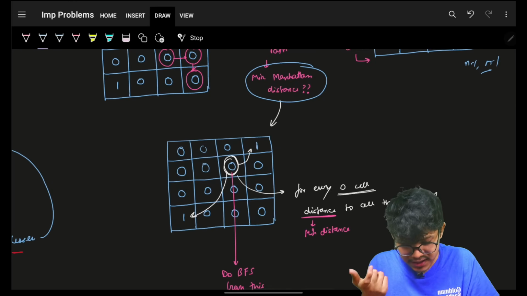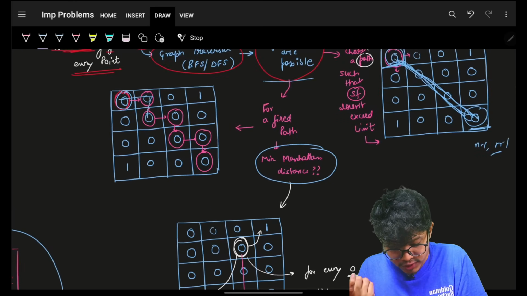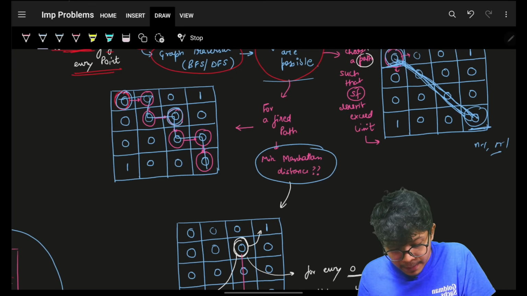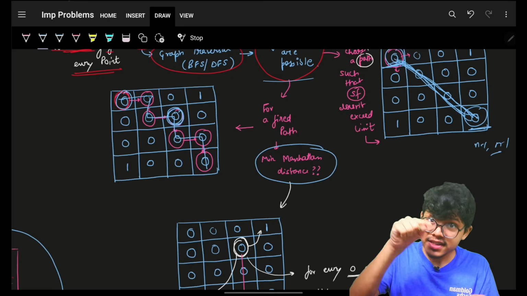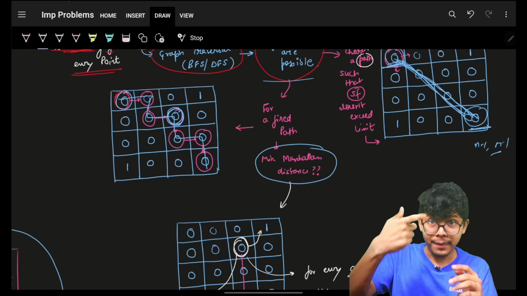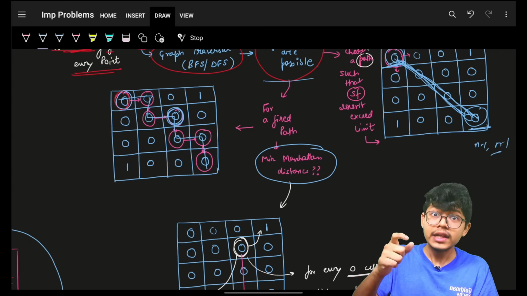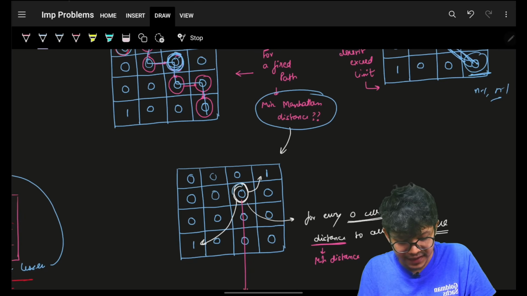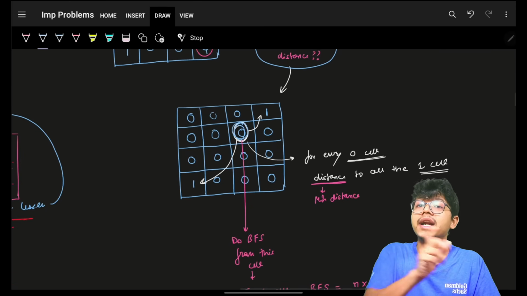For a specific path, let's say this was the path, I should know the minimum Manhattan distance for a cell. For a path, we need the minimum Manhattan distance, so for a cell specifically, I should know what the minimum Manhattan distance is.